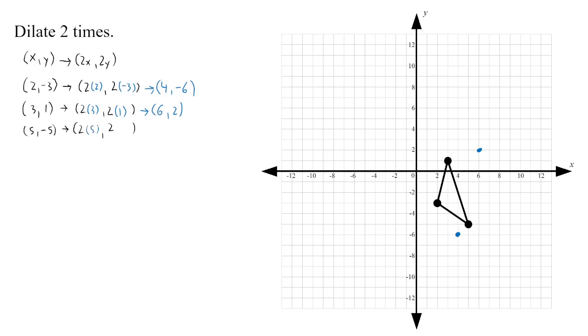Next, we have 5 and -5. This will give you 10, -10. So we'll go ahead and plot that. We're going to draw our sides. And there you have it. You have your dilation.